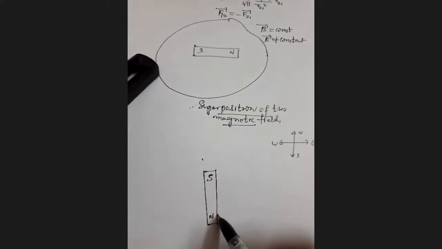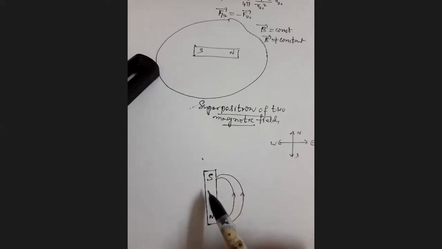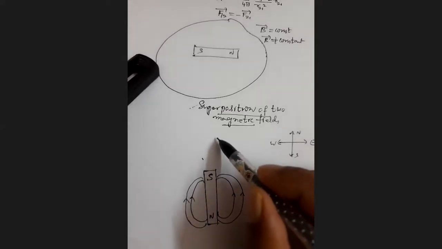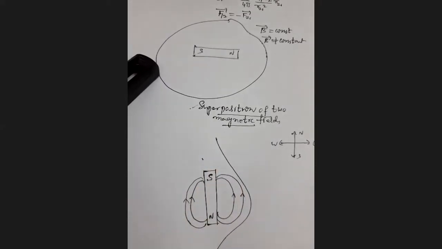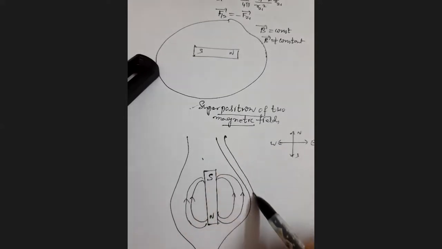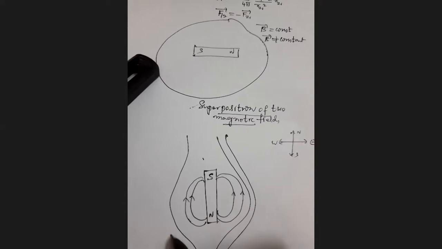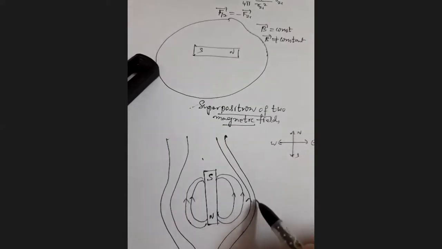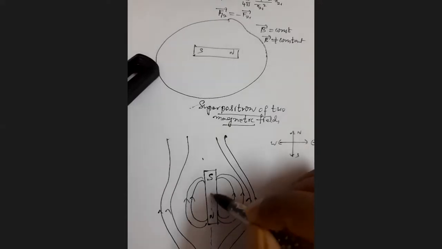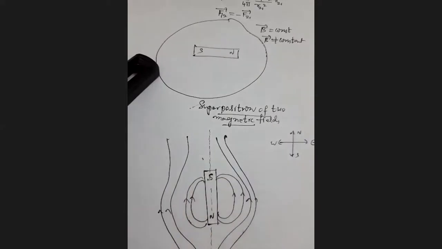We know that the lines of force always start from north to south outside the magnet, right? Like this, outside the magnet. Okay. So here we can draw the resultant magnetic field like this. We know this is the axial line of this bar magnet or magnetic dipole.